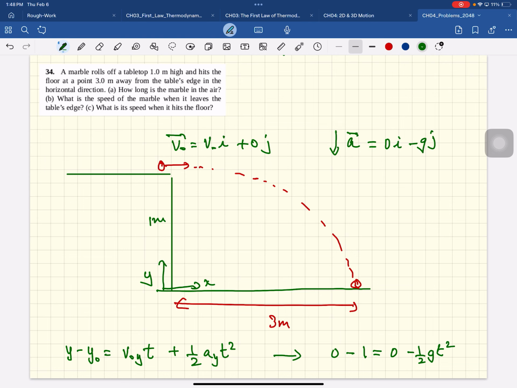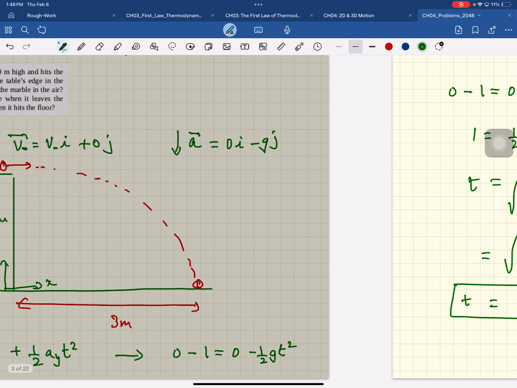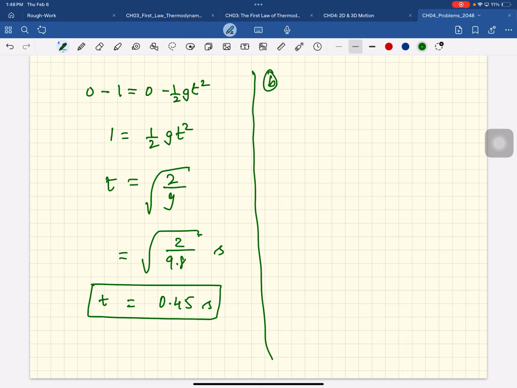What is the speed of the marble when it leaves the table's edge? So x minus x naught equals v naught x t plus 1/2 a x t squared. The velocity in the x direction is constant because the acceleration is 0. We'll say x naught is 0. x is 3 meters, and the x component of the velocity is just the initial speed times time.